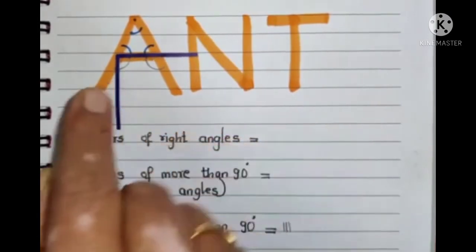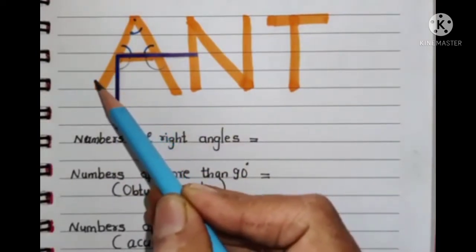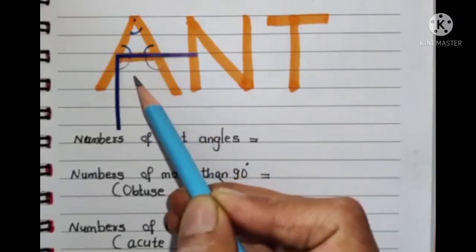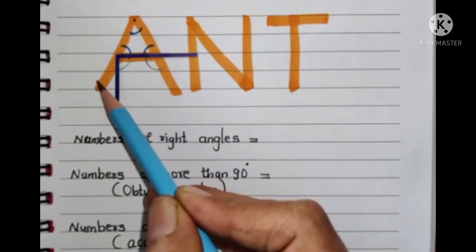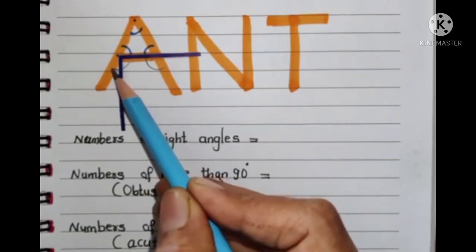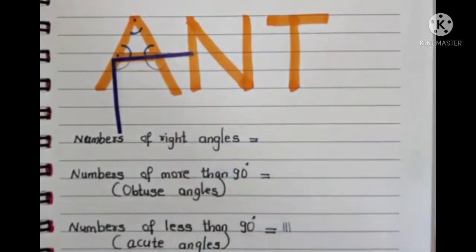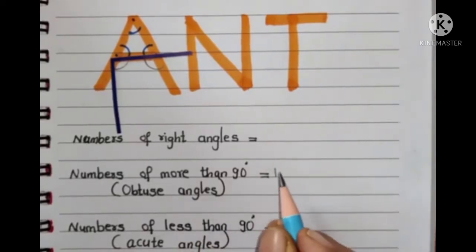And the angle's other line has gone beyond 90. That means it is not within, it is falling outside 90. It has crossed and come out of 90. So what angle is this? This is more than 90°, that is an obtuse angle. So we got the first obtuse angle here. I'm going to write one here.